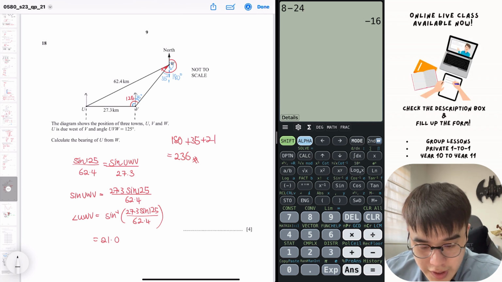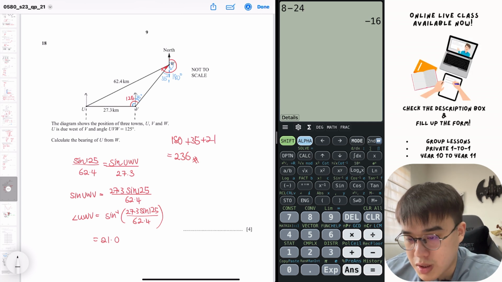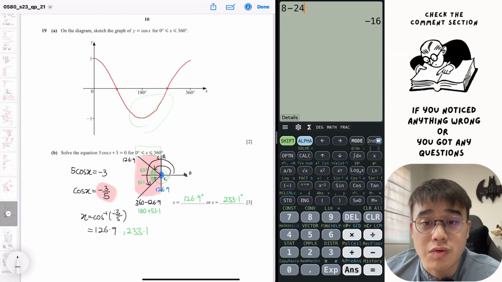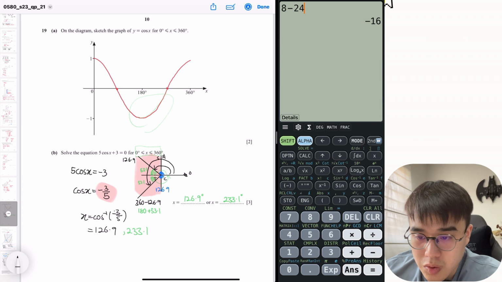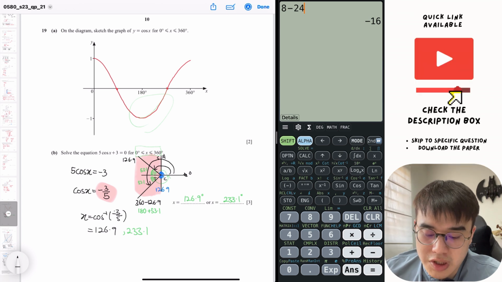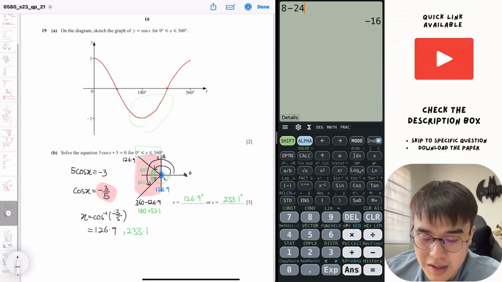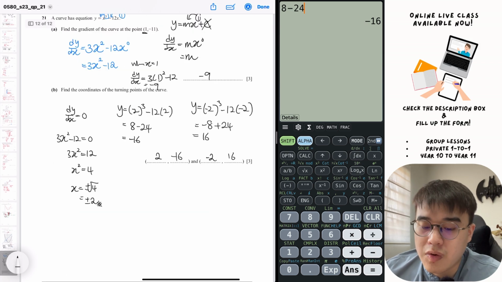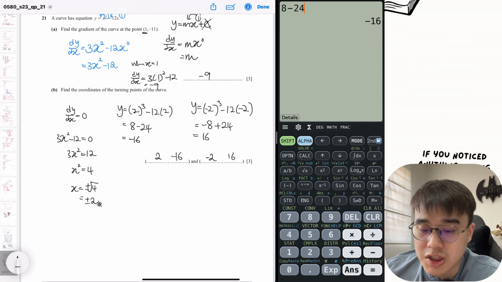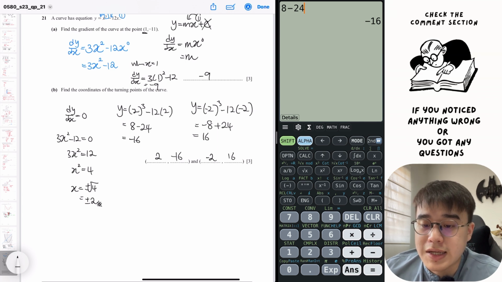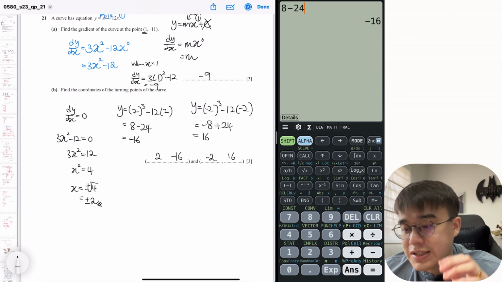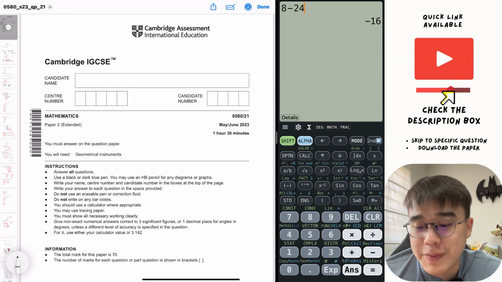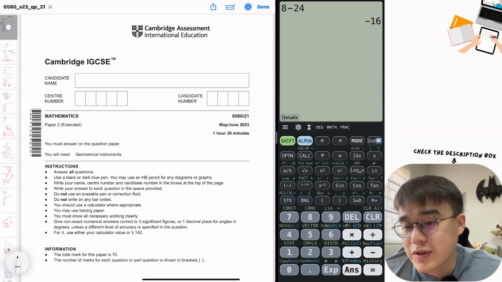Some students are new to trigonometry, especially this quadrant concept here. So question 18, question 19, and the last 2 of 2021, these four questions, or this last 4 pages, are the only ones that I think are challenging. The rest is pretty generic, and I hope you are able to understand the full paper solution after watching this.